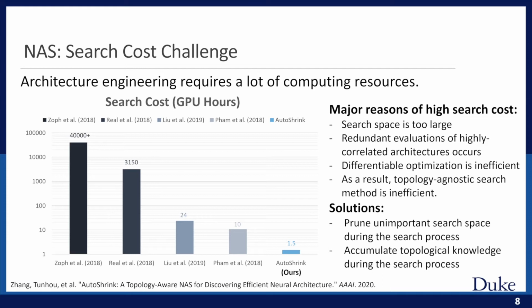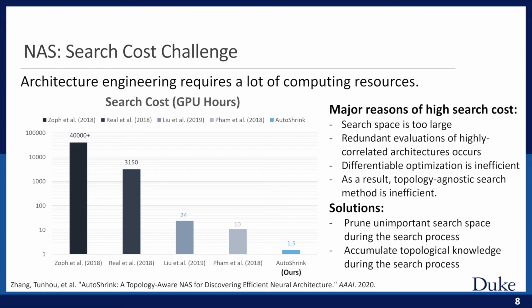Generally speaking, the extensive search cost is induced by one, the large space, and two, the redundant evaluation of correlated architectures in the search space. The computation time for correlated architectures can be reduced by incorporating topological information, and then we are able to prune out unimportant search space during the process.